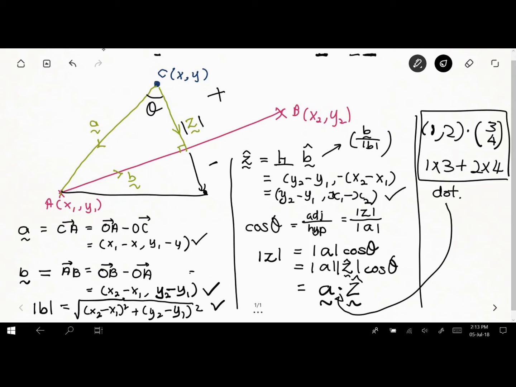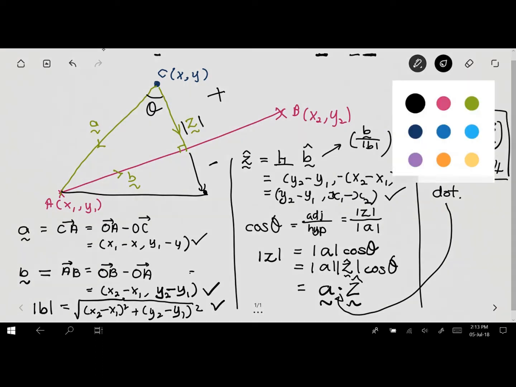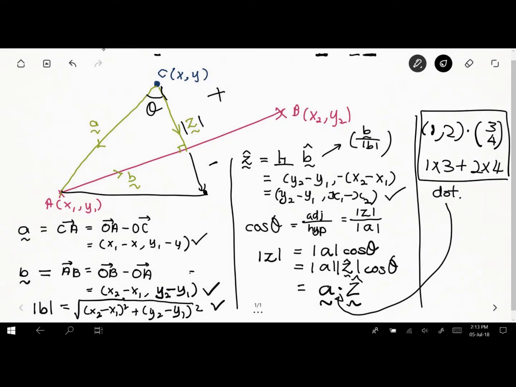Just a recap: what we want to find is the shortest distance between a point and a line, which is given by the perpendicular distance here. To do that, we take the unit vector of this and dot it with the vector A, which is the displacement between the point and either one point on the line.